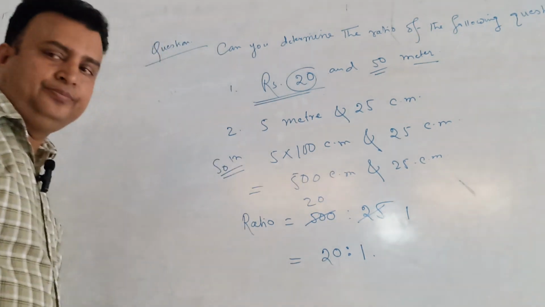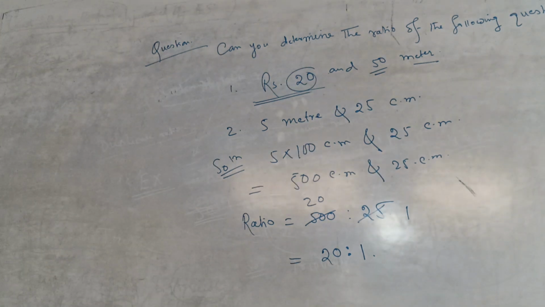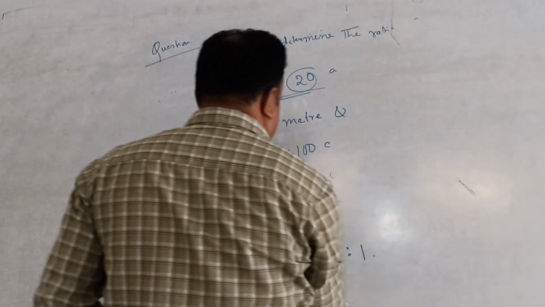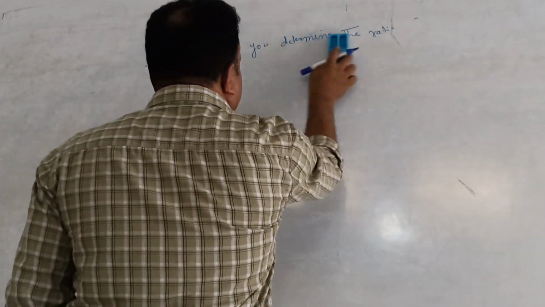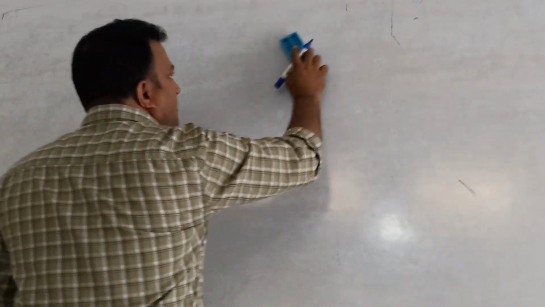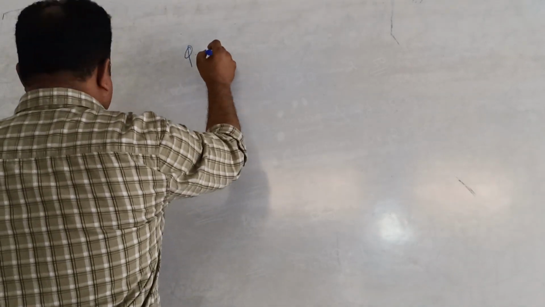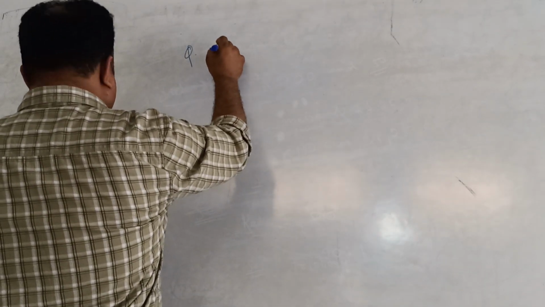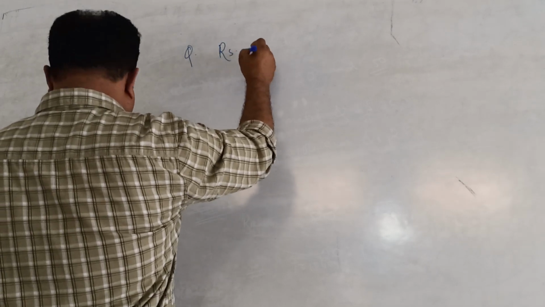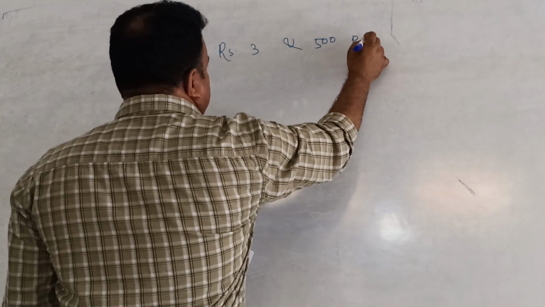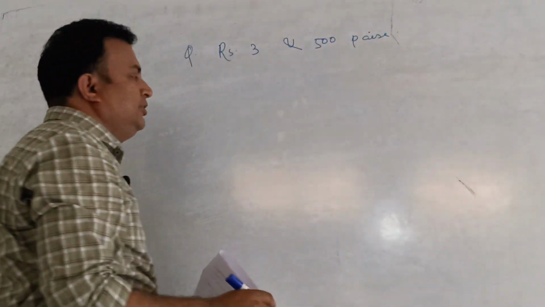Another example. Question: rupees 3 and 500 pies.